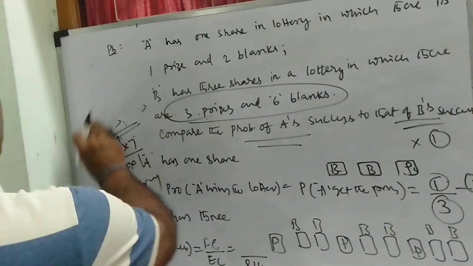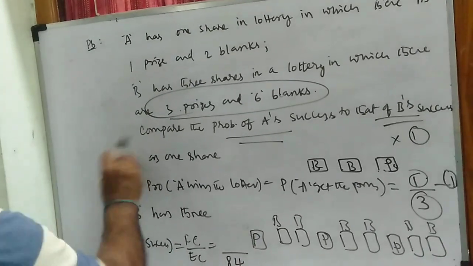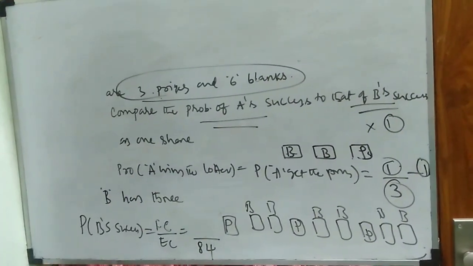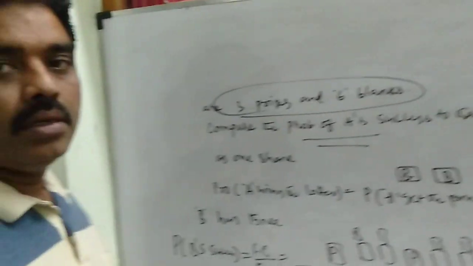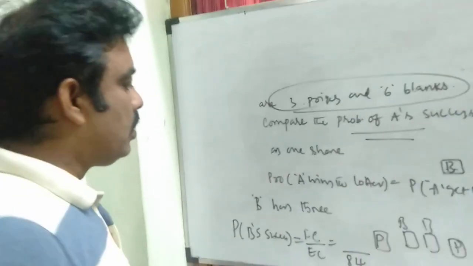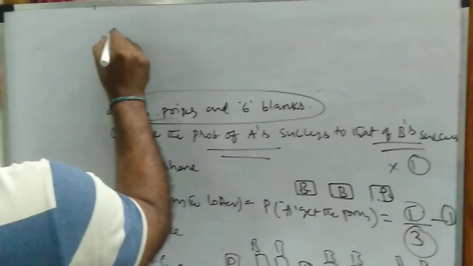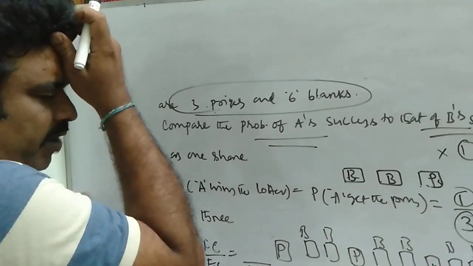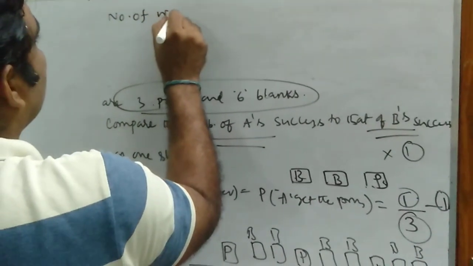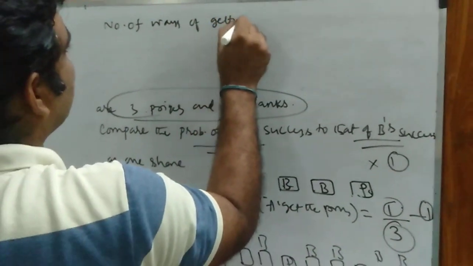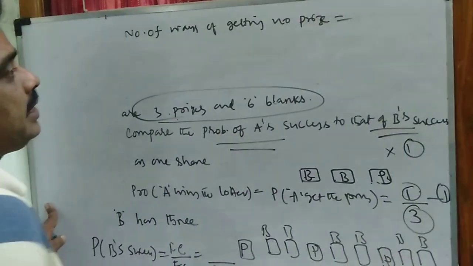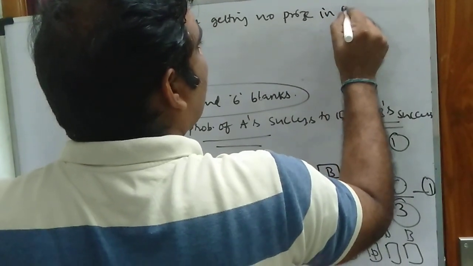Now to find the numerator. What is the numerator? The favorable number of cases, that is, he has to get a prize when he draws 3 tickets out of 9 tickets. So first we calculate the number of ways of getting no prize in all the 3 shares.